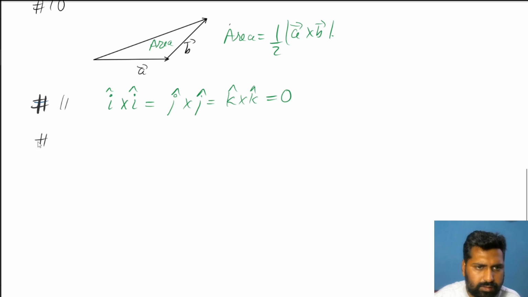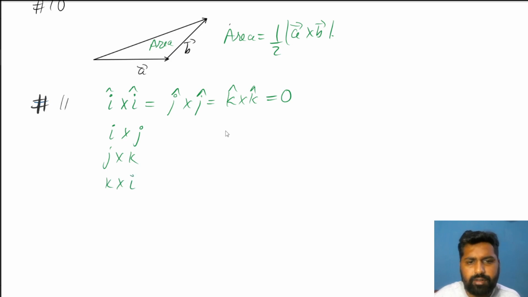Next, what if it is i cross j, j cross k, k cross i, and what if it was reverse, j cross i, k cross j, i cross k?